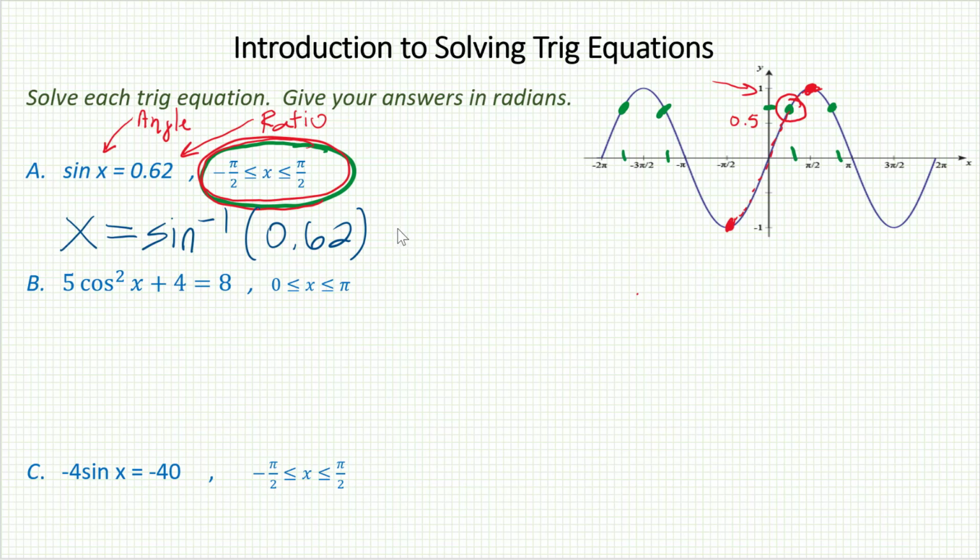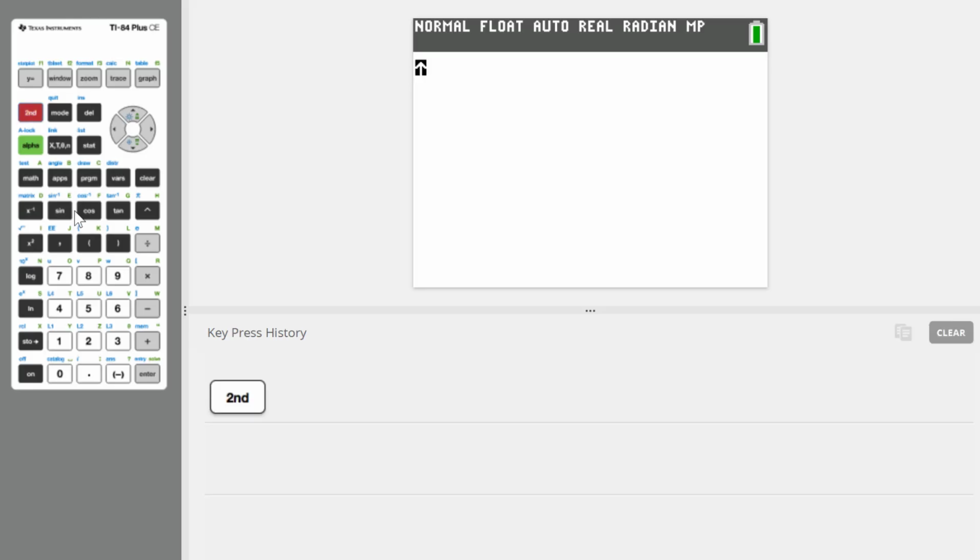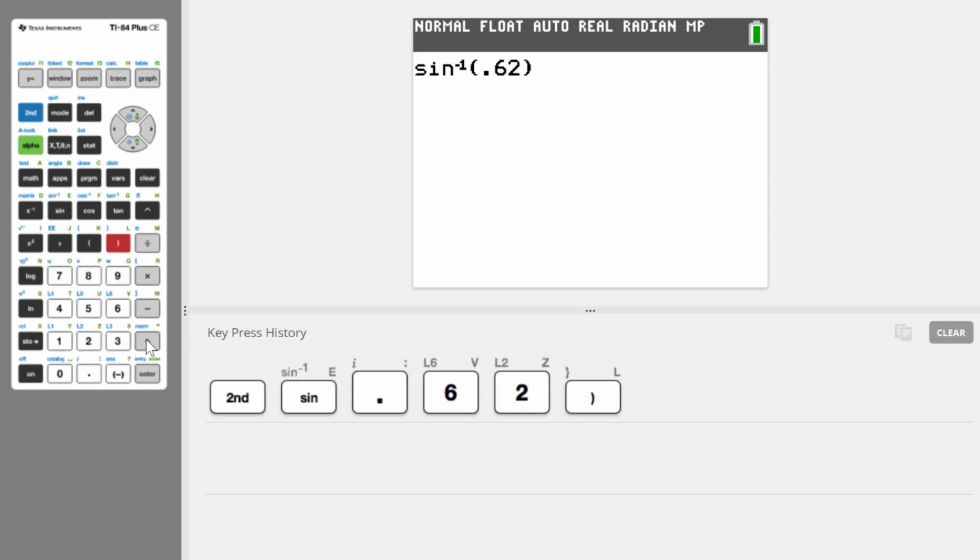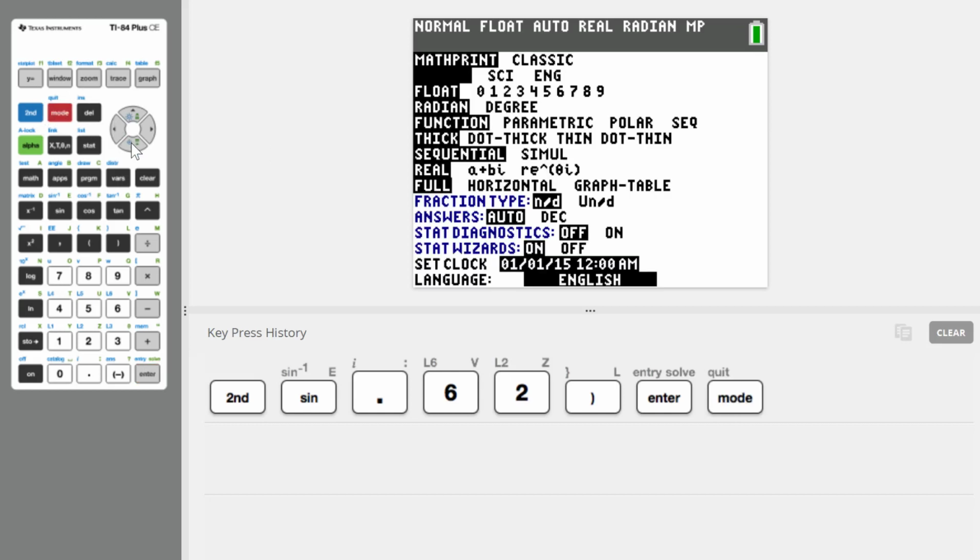Obviously, I can get the value right off the calculator. Just go to sine inverse, type 0.62, and you've got it. The angle in question is about 0.6687 radians. Now, obviously, if I had wanted the answer in degrees, I would have just gone to the calculator, changed into degree mode, and redone the problem that way.